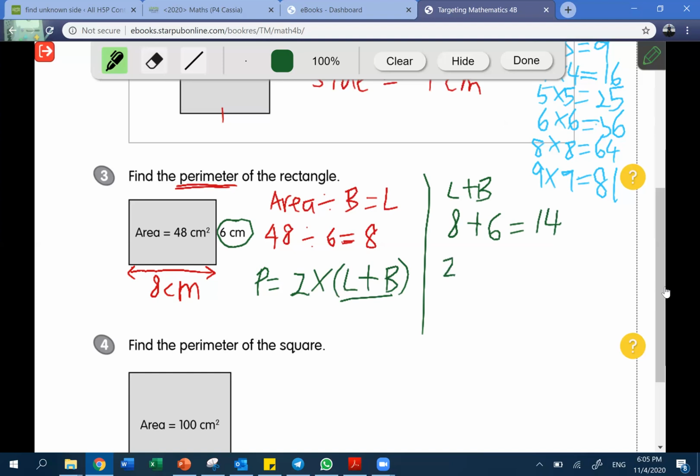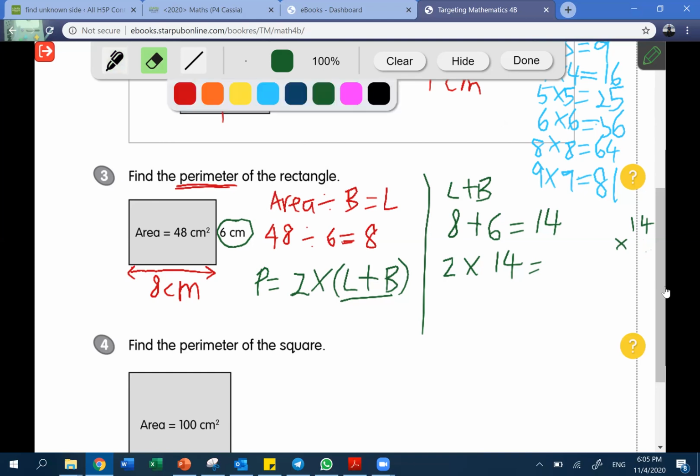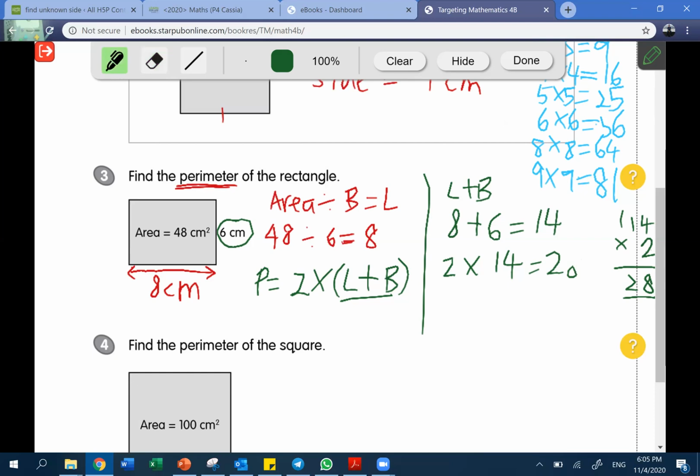So we take 2 times 14. Okay, we can do working at the side. 14 times 2 equals 28. Okay, so the perimeter of this rectangle equals 28 cm.